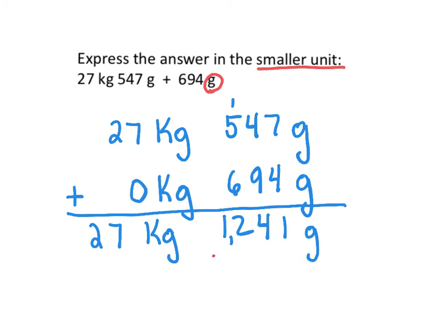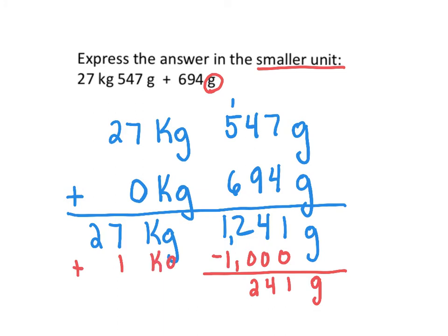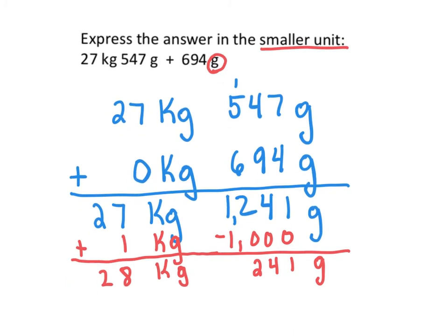So if we take away 1,000 from here, we are left with 241 grams, and then we add on that 1 kilogram, because 1 kilogram is equal to 1,000 grams, and we just got rid of it on that side, and we get 28 kilograms. So we have 28 kilograms and 241 grams.